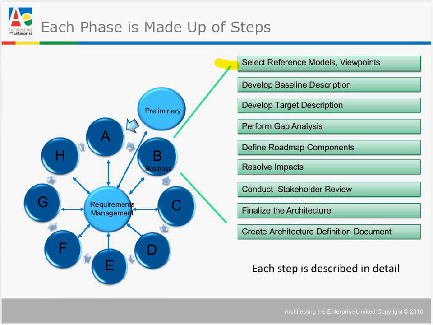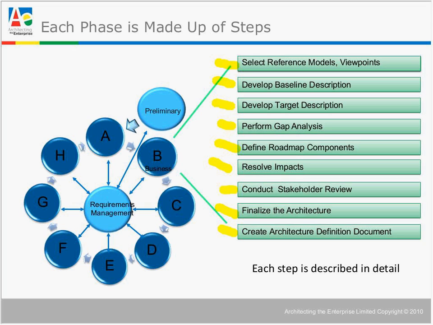So you've chosen the artifacts that you want to produce here, then develop a baseline description, a target description, a gap analysis on your roadmap components. How are you going to migrate this business architecture, resolve any impacts that this architecture might have with other parts of the architecture, conduct a stakeholder review, finalize the architecture, and create an architecture definition document.